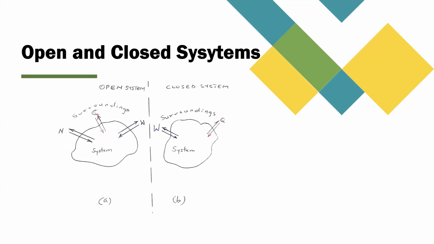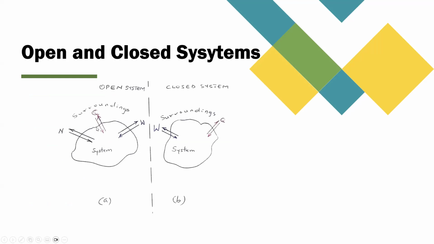Open and closed systems. Figure A. Sometimes I like these hand-drawn things because it puts a touch of nature to our class, so that all things will not just be artificial. So figure A is an open system. An open system means that this is the boundary.